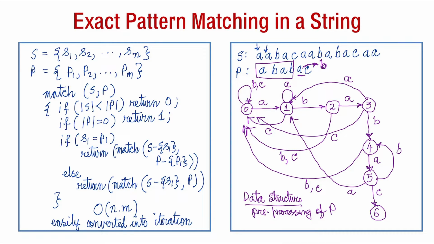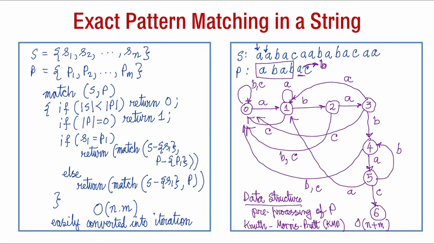And one of the most famous algorithms that use this is called the Knuth-Morris-Pratt or the KMP string matching algorithm, which will yield an order n plus m algorithm.